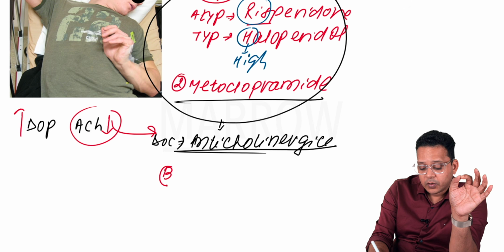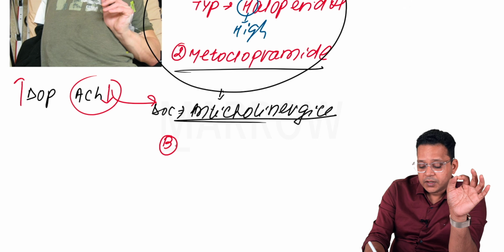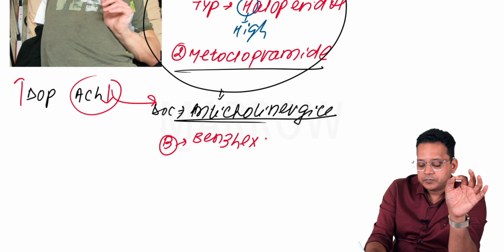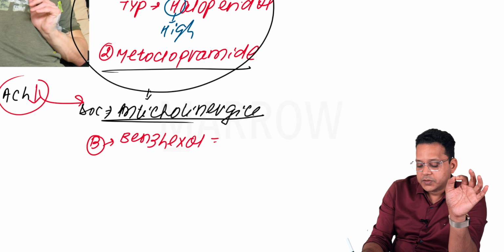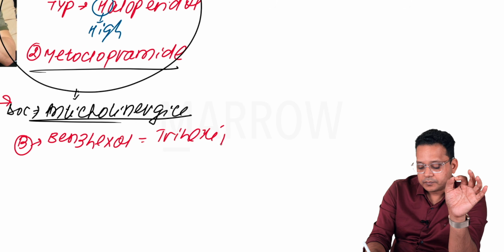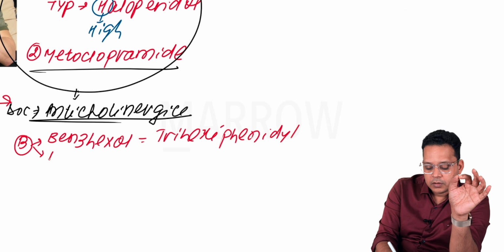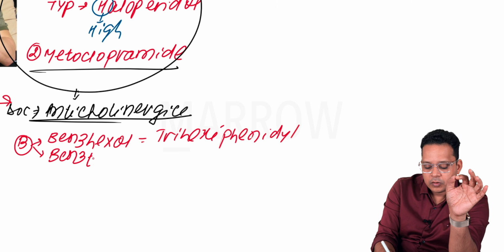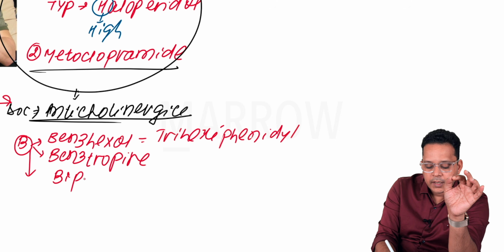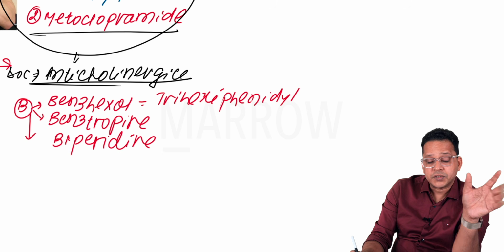So which are these anticholinergics? Remember, these are B drugs. B for benzhexol, which is also known as trihexyphenidyl. B for benztropine, and B for biperiden. 3 B drugs that can be used here.